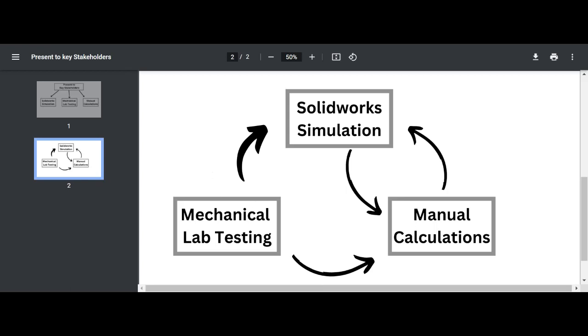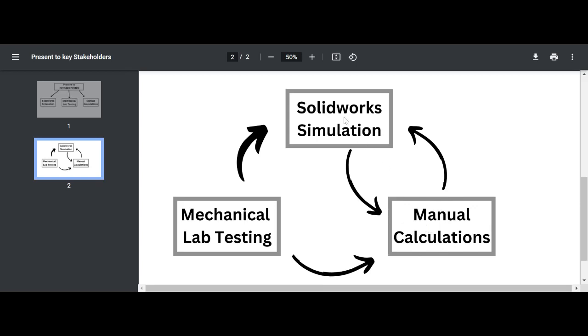These results, especially testing for different material properties, should factor into how you run your SolidWorks simulations and be used in your given information, assumptions, etc., for your manual calculations.